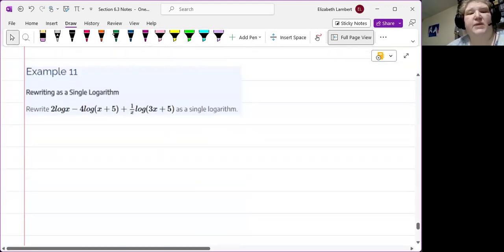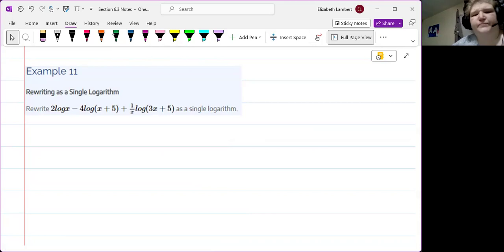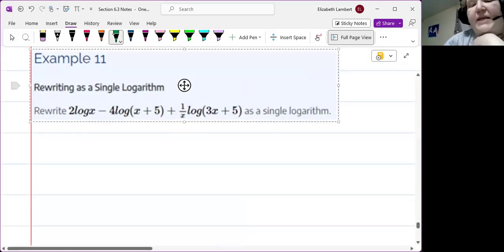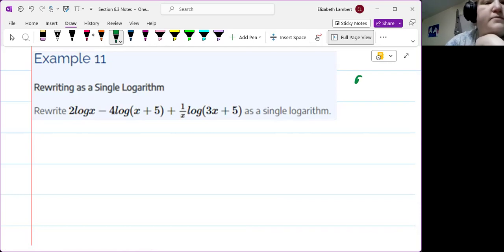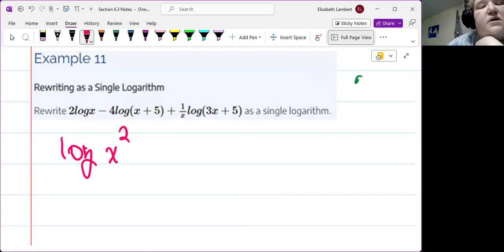All right, now we do it again with a, well, isn't that a sneaky little such and such? That is 1 over x as the coefficient in front of that log. All right, well, power's up. So this one will be log of x squared.